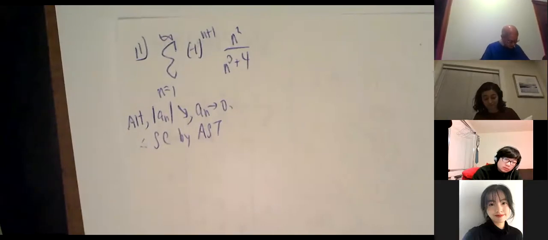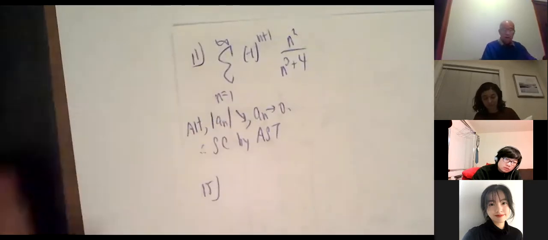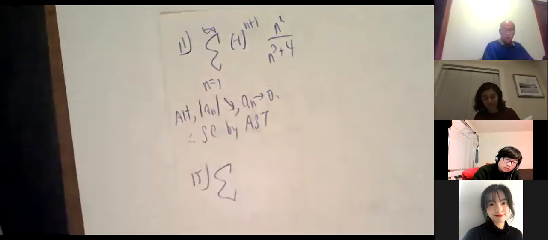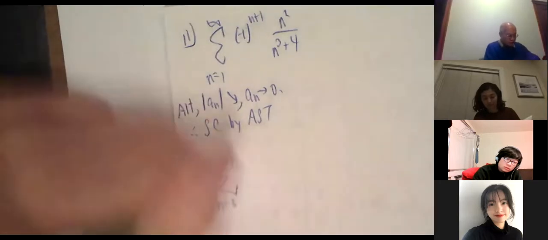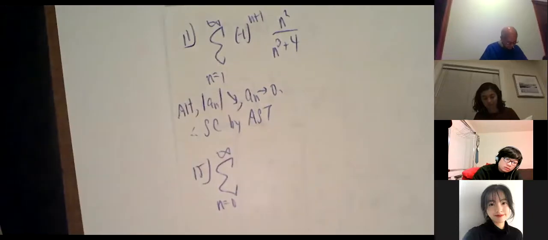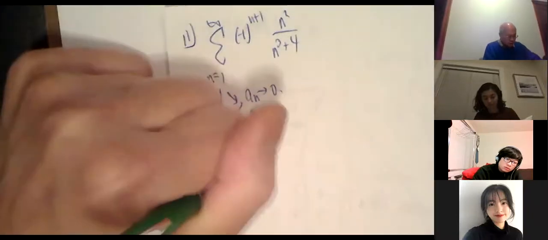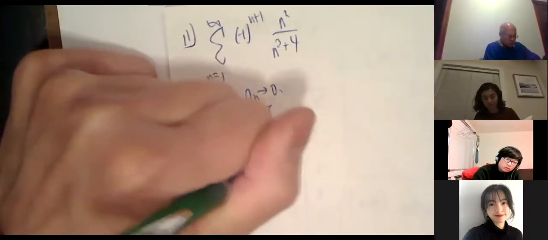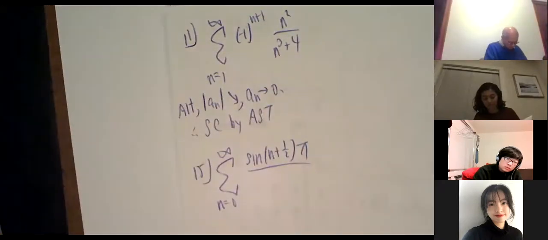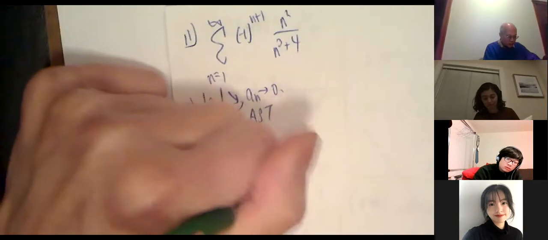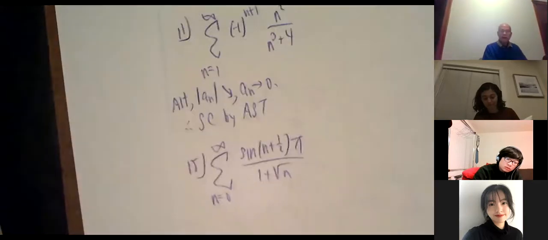Now, here's a real tricky one. 15. Summation n equals 0 to infinity, sine of n plus 1/2 pi over 1 plus radical n.